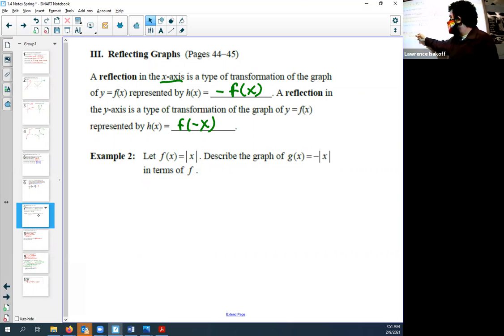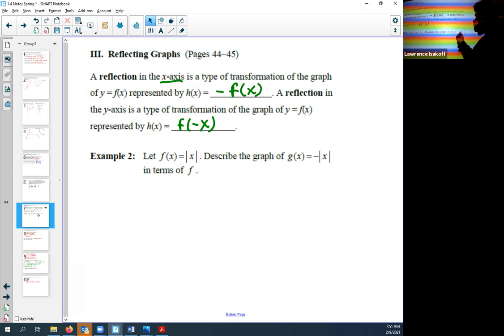So let f of x equal the absolute value of x. Describe this graph. Based on the fact that this negative is being put in front, that should be reflecting it over the x-axis.